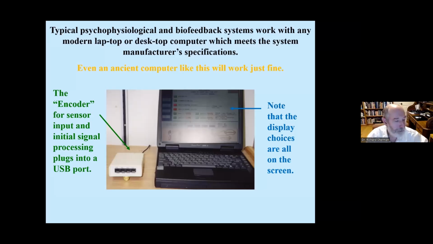Let me go back to sharing the screen. So the system that I was just showing you is right here. Most of the systems look pretty much like that, and they can record what's going on in your body.